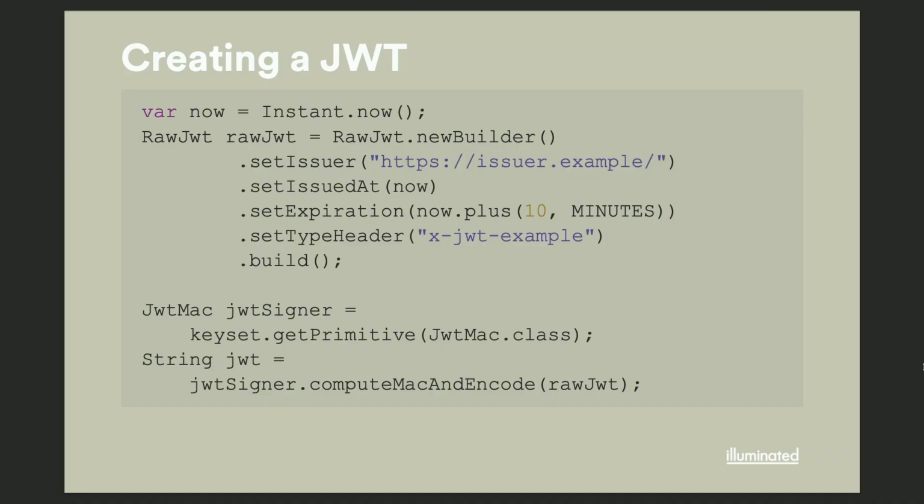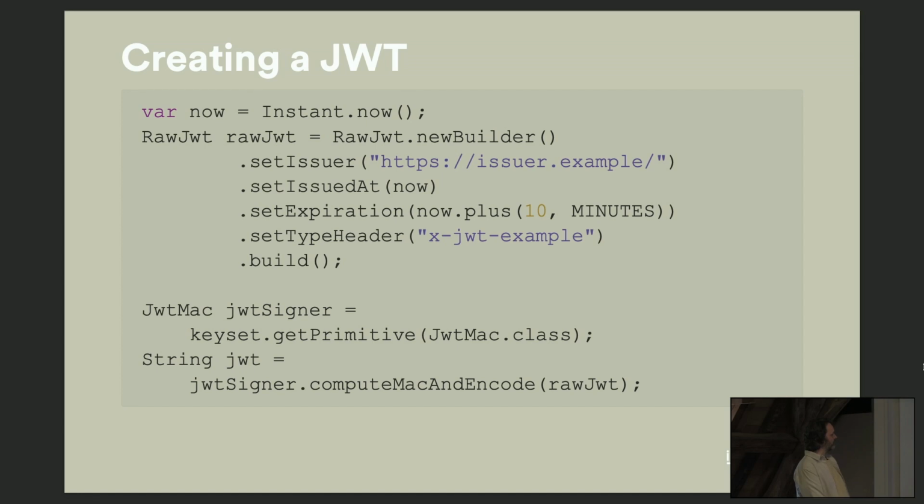So this is kind of the code in Tink for creating a JWT. So first of all, you create this thing called a raw JWT. If you're not familiar with JWTs, JWTs have a JSON object at the start, which is called a JWT claim set, which has a bunch of claims about typically a user who's logged in. So it says who they are, maybe their email address and things like that.